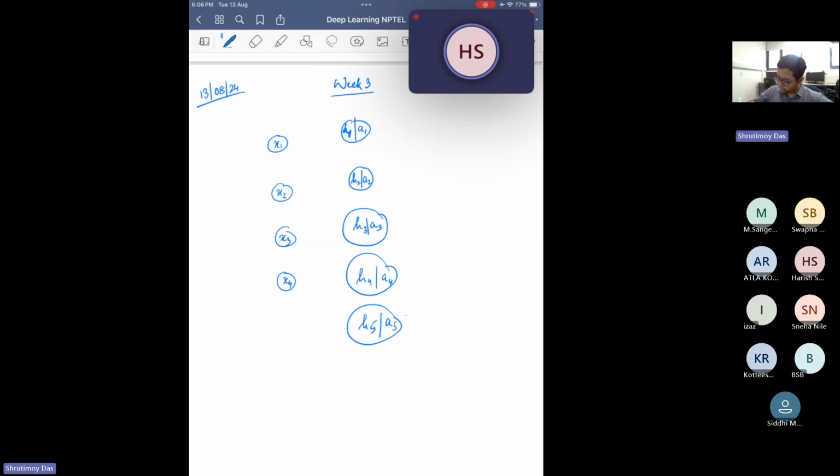And I connect it to, say, so these are your layer 1 activations and pre-activations. Now I have your layer 2 activations.